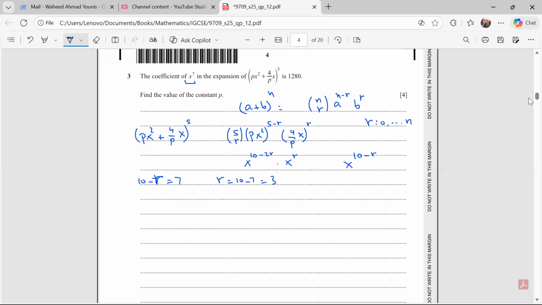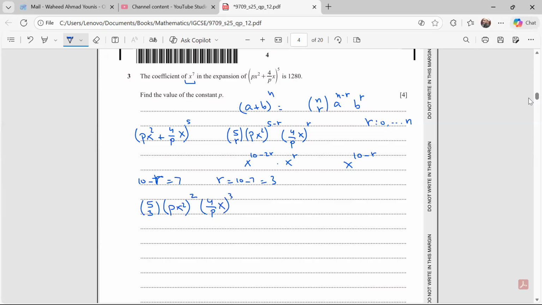Okay, so the term I'm looking for is 5 combination 3. I'm just replacing r with 3. And then px squared power 5 minus 3, which is 2, and 4 over px power 3. Okay.